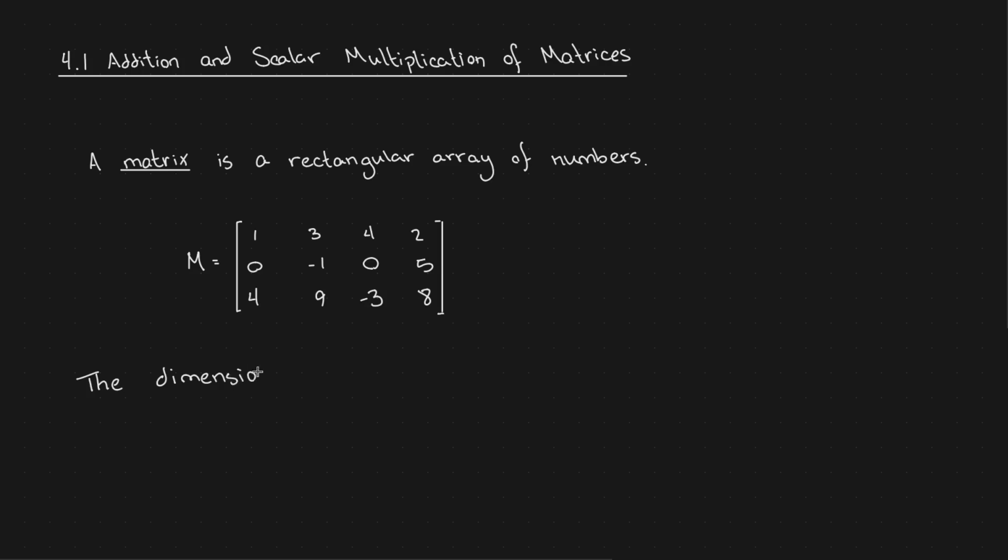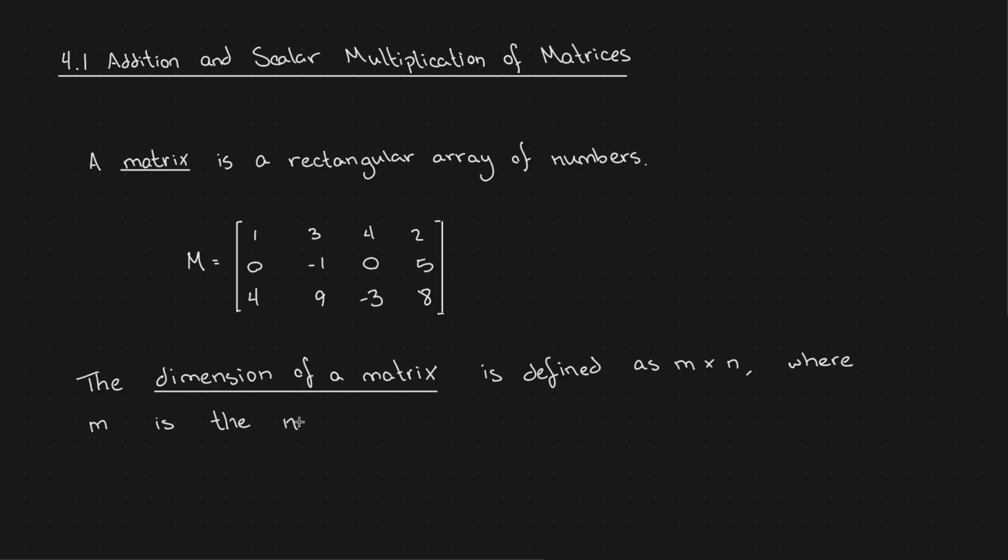The dimension of a matrix is defined as m by n, where m is the number of rows and n is the number of columns.